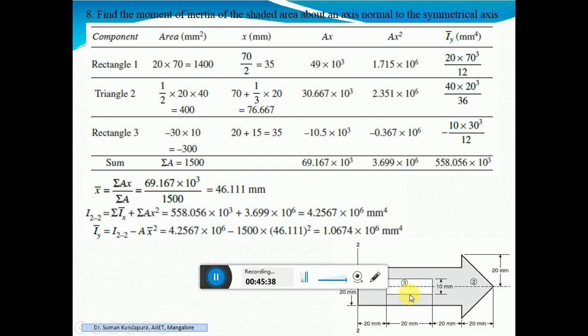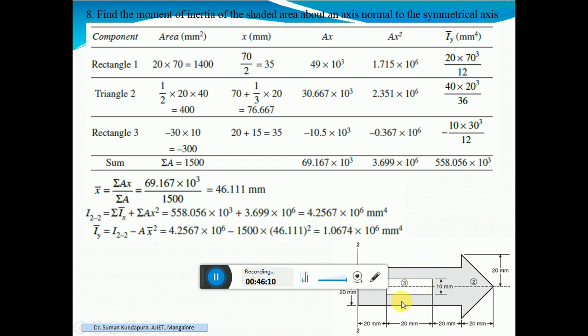Find out what is I22, about an axis normal to the symmetrical axis, as well as Iy bar. So how many geometric shapes are there in this entire component? I will consider 3. One is the entire rectangle. One more is the triangle here.